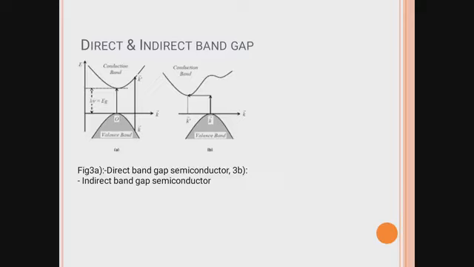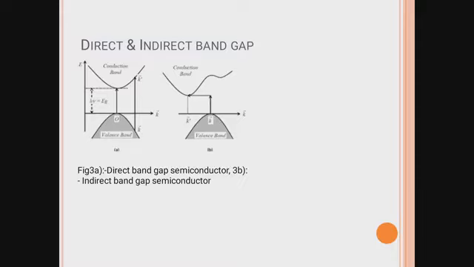The band gap represents the minimum energy difference between the top of the valence band and the bottom of the conduction band, which is denoted by EG, EC minus EV.